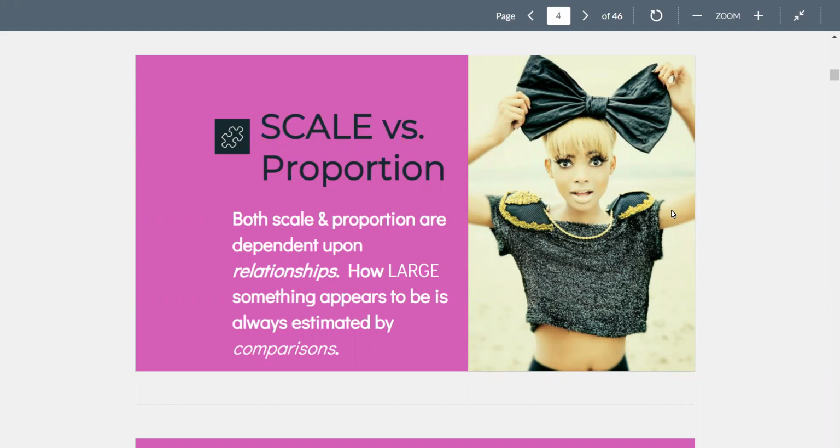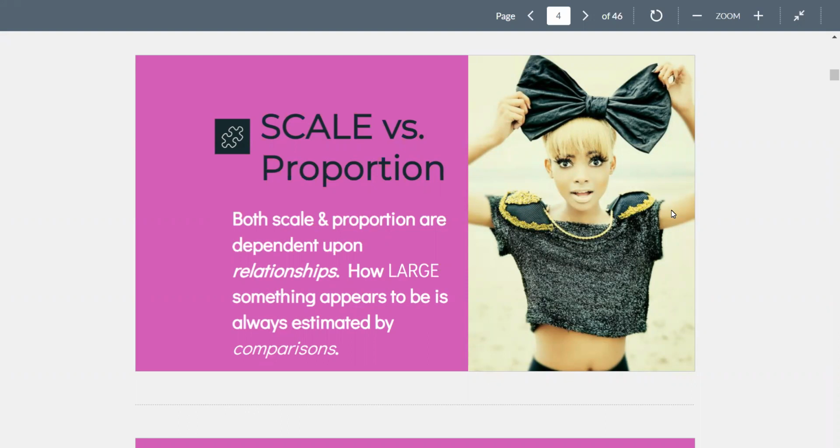The bow is connected to her, but it's not like comparing two persons. We are comparing the bow against the person, the human being. So what are we talking about, proportion or scale? Yes, proportion. That's right. So it's not proportionately correct.